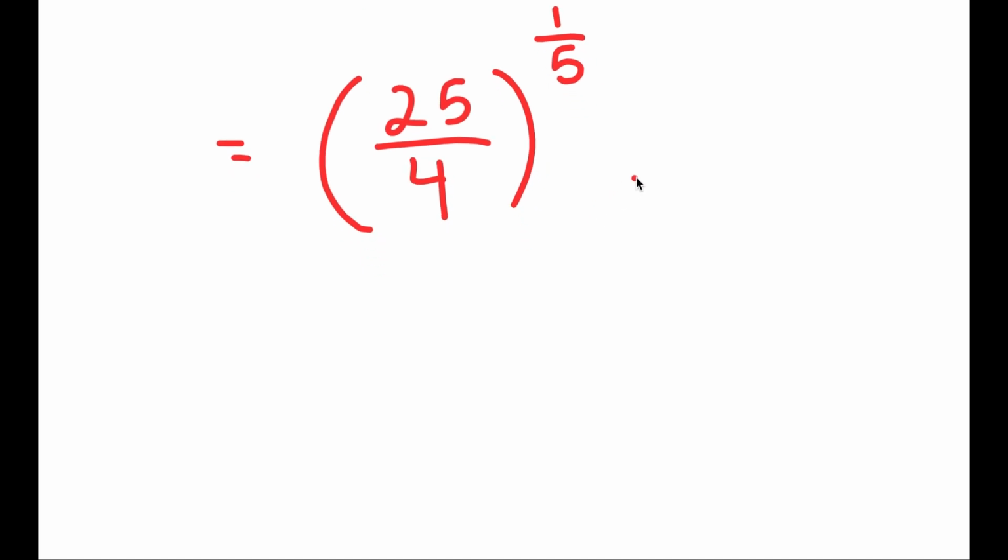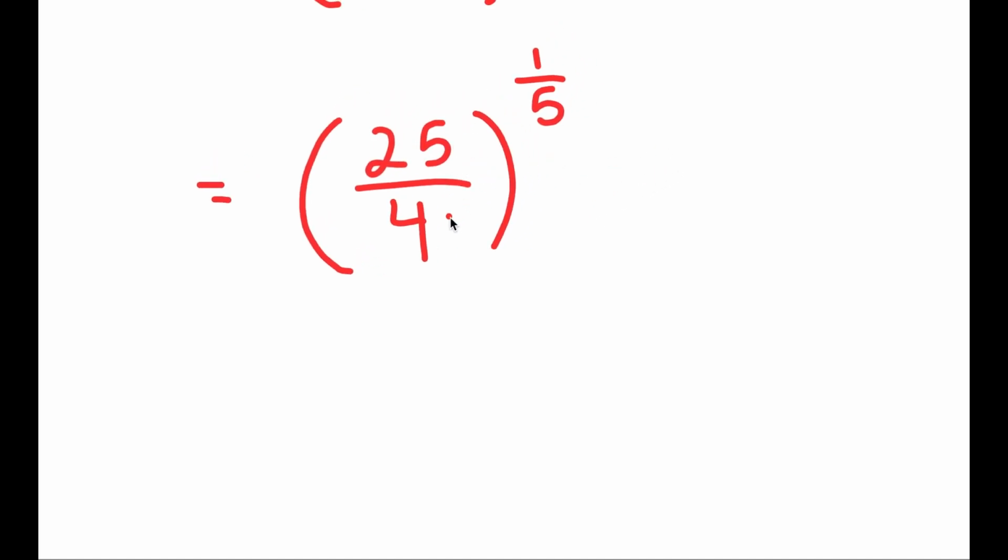Now, what I'm going to do is rewrite this as (25/4) to the power of 1/5 times 4 to the power of 4/5 over 4 to the power of 4/5. And 4 to the power of 4/5 over 4 to the power of 4/5 is just 1.